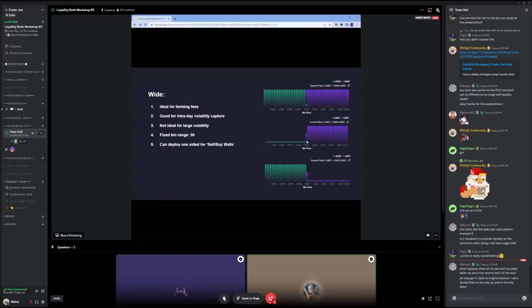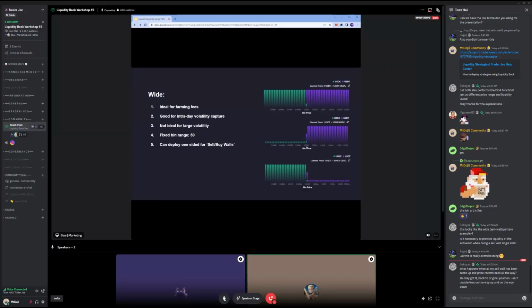So to have a true sell wall that you want to keep as sold, one will have to withdraw the liquidity when the liquidity has been converted into USDC. With the Liquidity Book, there are two things one can do. They can just withdraw the USDC.